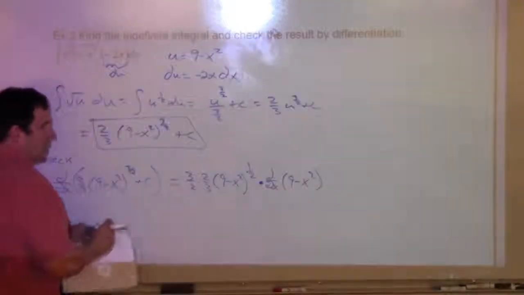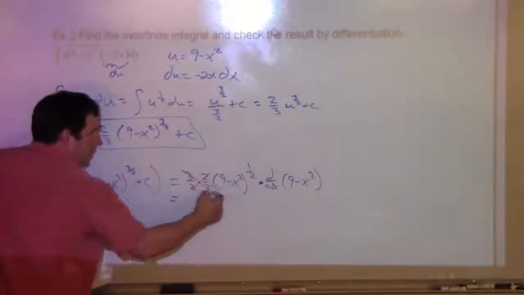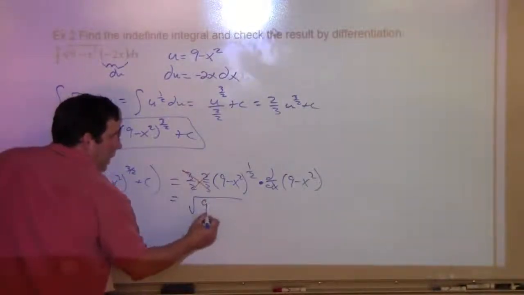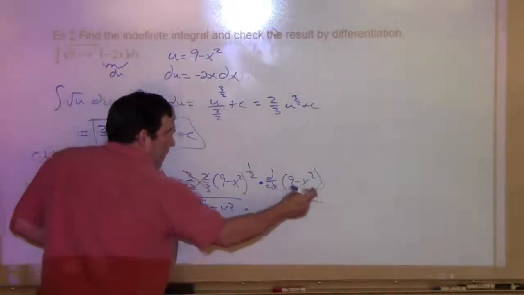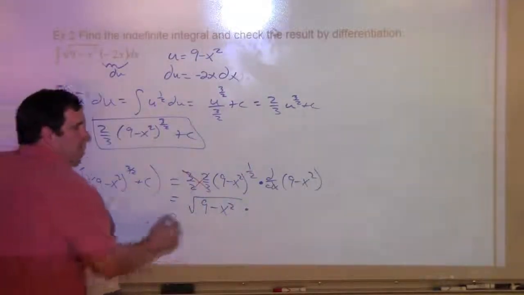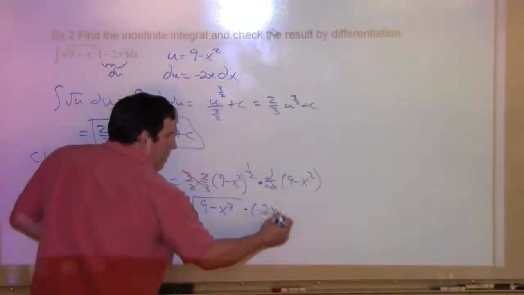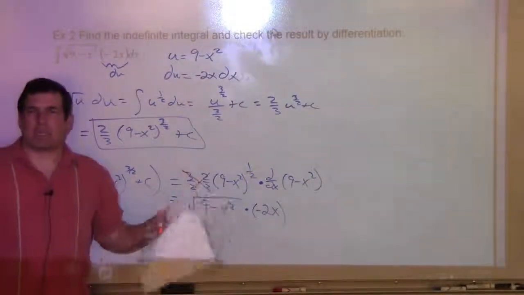Well, the 3's divide out, the 2's divide out, and what we have is the square root of 9 minus x squared times the derivative. Well, 9's a constant, so the derivative of negative x squared is negative 2x. That's what we have inside our integral. That's it.